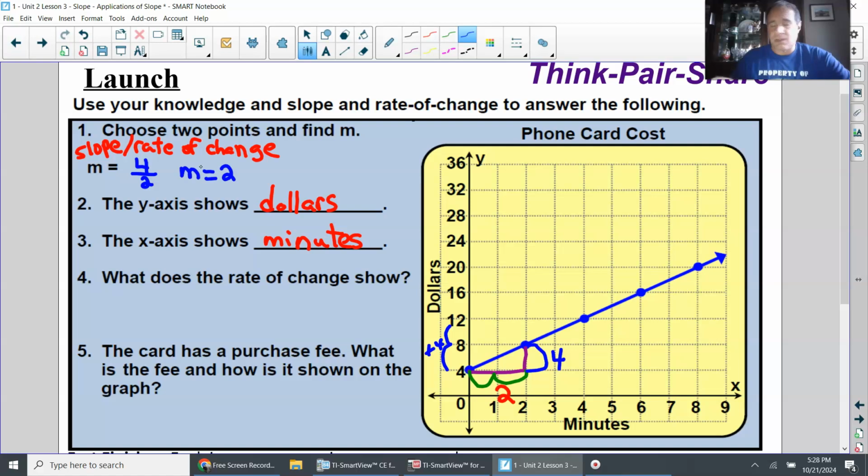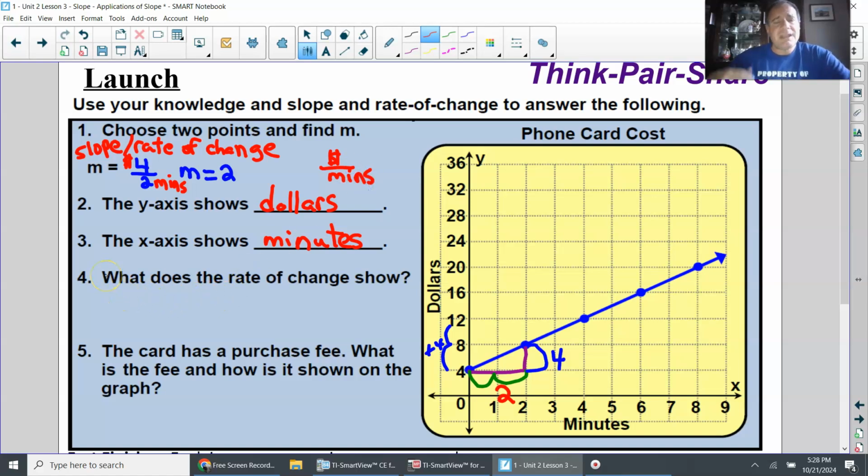We're good to go. So number 4 says, what does the rate of change show? Just remember, you had $4, right? It's $4 on the y-axis, and 2 minutes on the x-axis. So this is 2 minutes. So it's dollars over minutes. So what does the rate of change show?